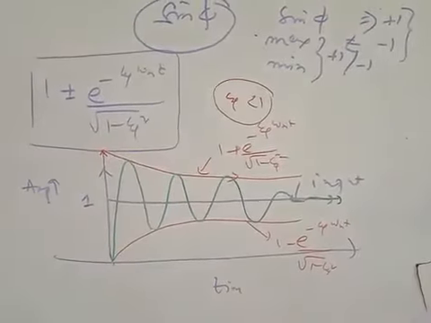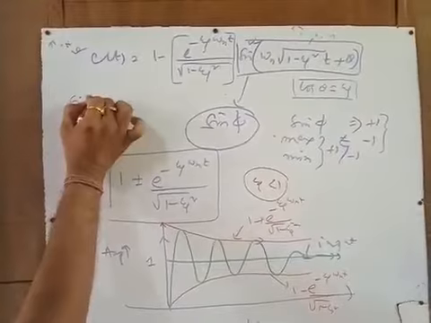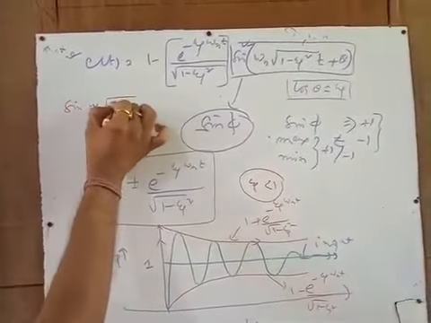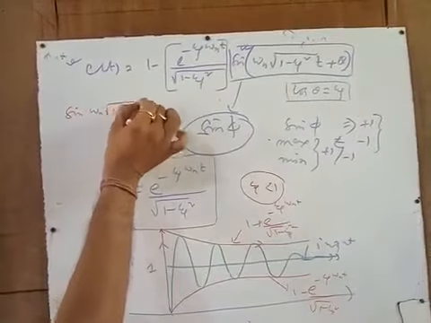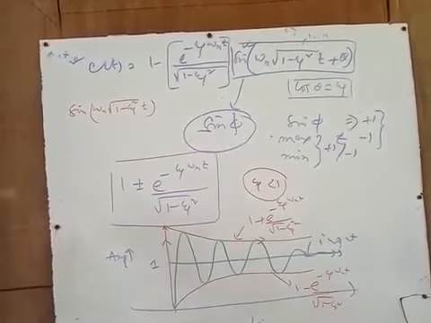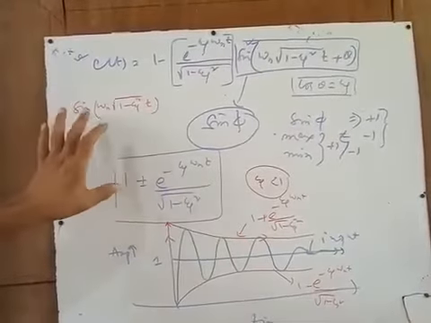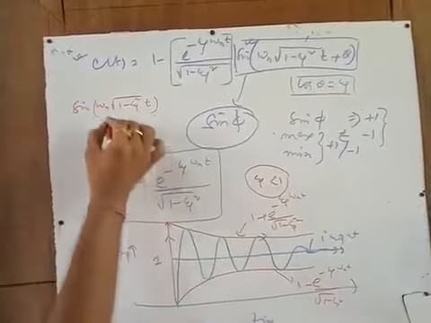In the case of the sine wave, if you note the function, it is written as sin of omega n root over 1 minus xi square t. We are just neglecting, for example, theta, which is very small, and considering this plus theta as similar to that, that is, a sine wave. Now see this part.